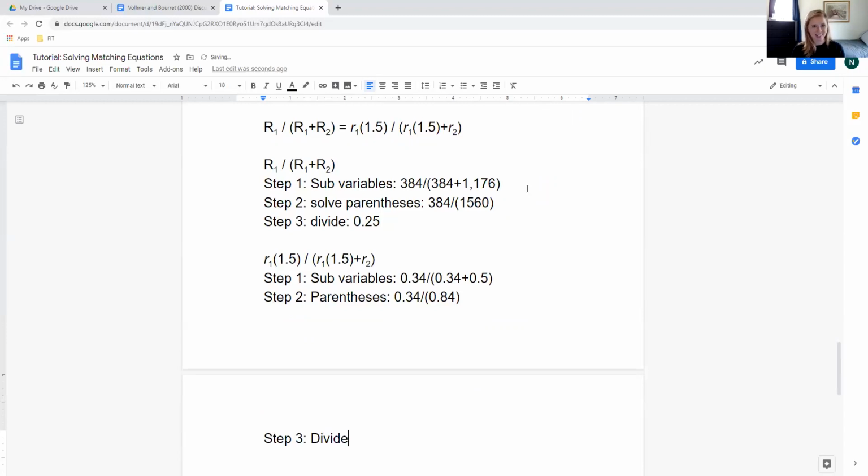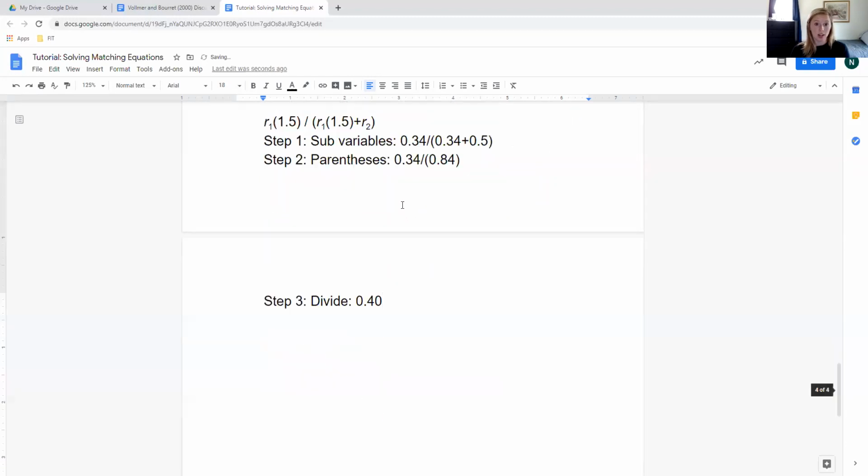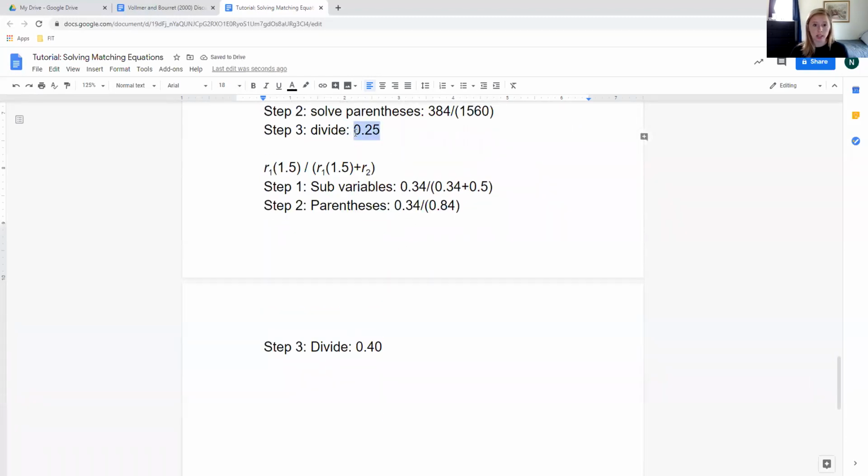And then now we're going to divide, 0.34 divided by 0.84, and that equals 0.40.